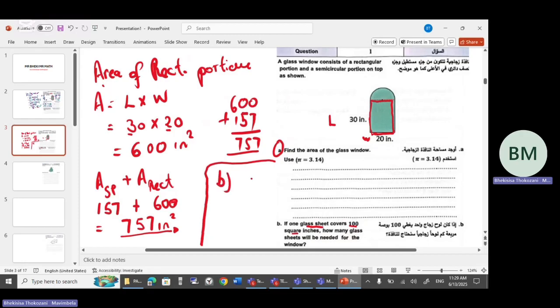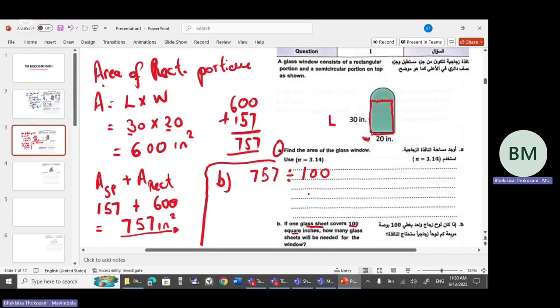I'm sure you can still see the space here. So you take the answer that you got, which is in this case 757, and then you're going to divide by what it covers. So in this case, it covers 100 square inches. So you're going to divide it by 100.